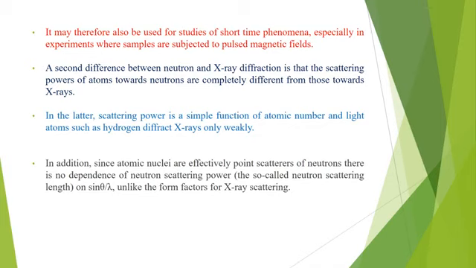And a second difference between neutron and X-ray diffraction is that the scattering power of atoms towards neutrons is completely different from that towards X-rays. In the latter, scattering power is a simple function of atomic number, and light atoms such as hydrogen diffract X-rays only very weakly.